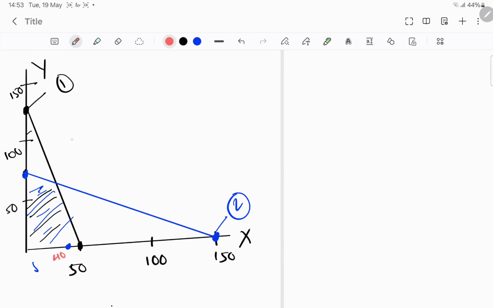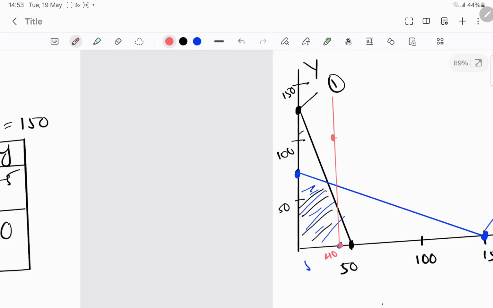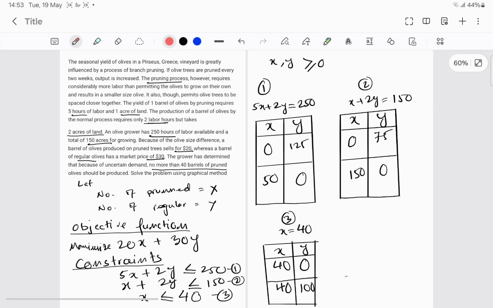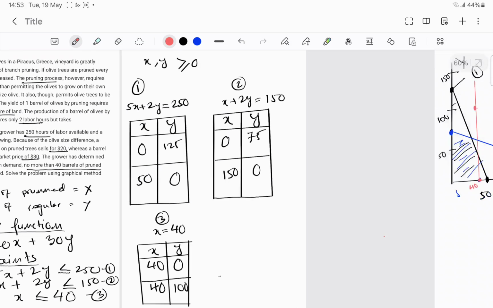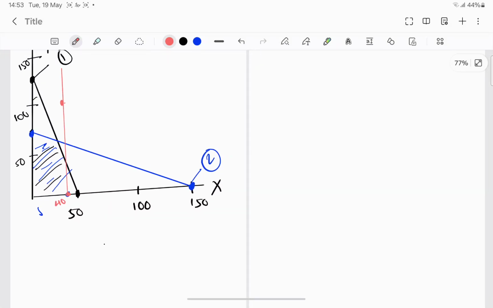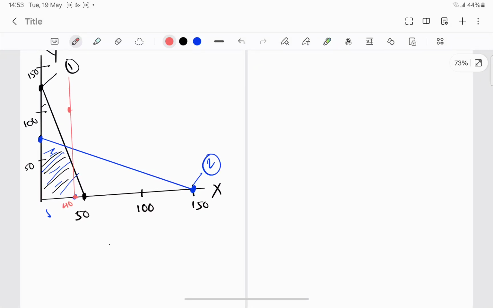And when y is 100, it's still 40. Okay, so this is our line. Now again, the same way, it said x should be less than or equal to 40, which means anything left of this orange line is our feasible zone. So anything to the right side of this, we will not consider.